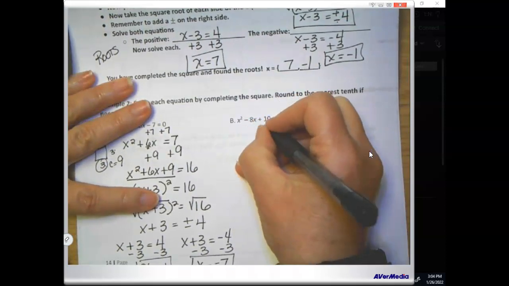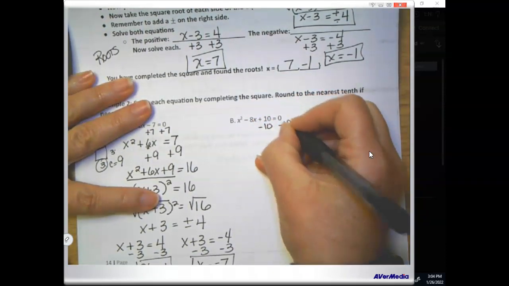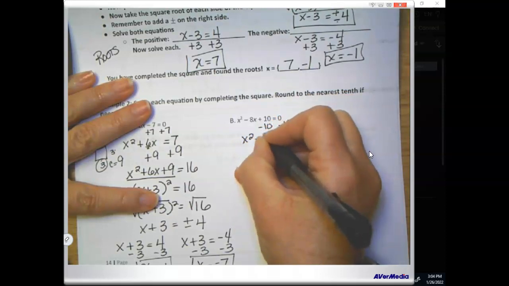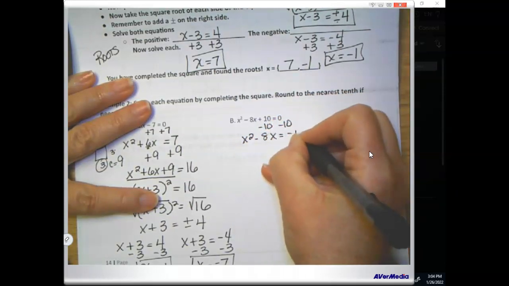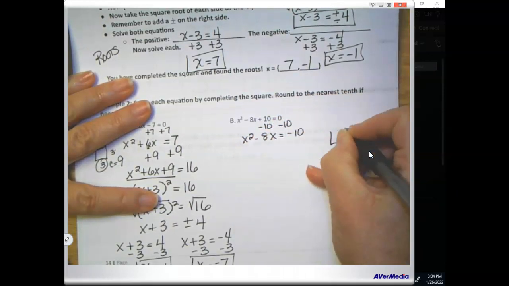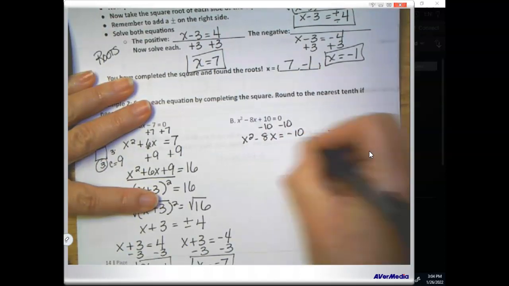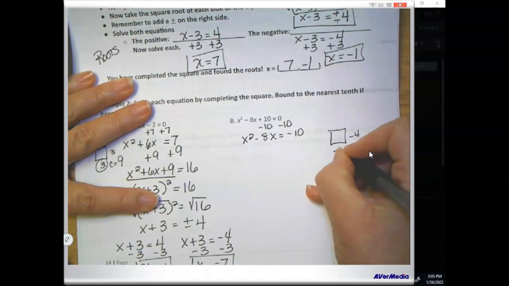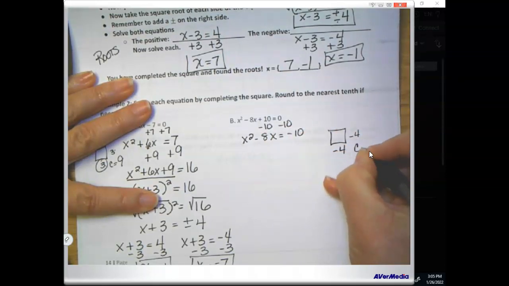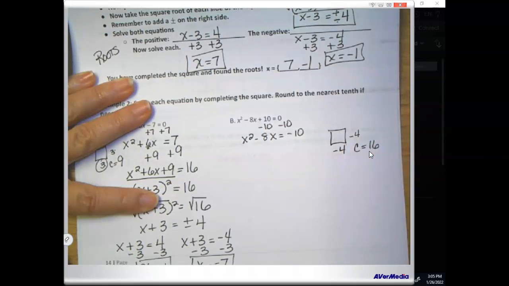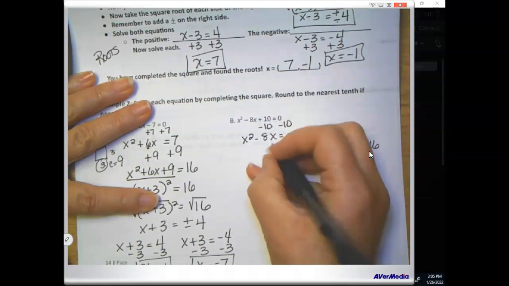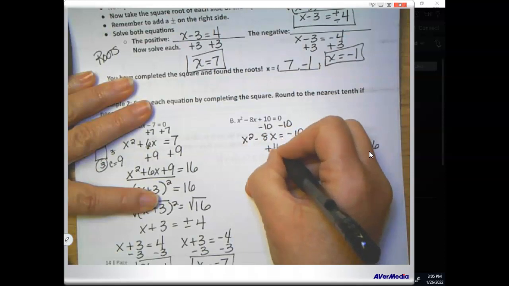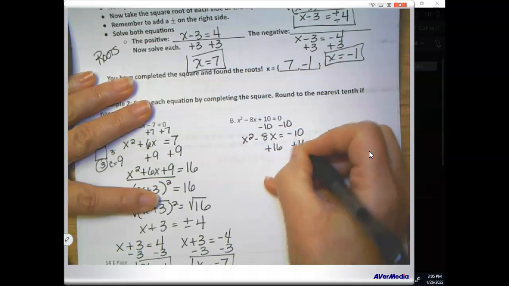Another one. Let's send that 10 over. Let's add our c. So since this is 8 and it's negative 8, that would be negative 4 x's here and negative 4 x's here. And our c, to complete the square here, would be 16. So I'm going to add 16 to both sides.